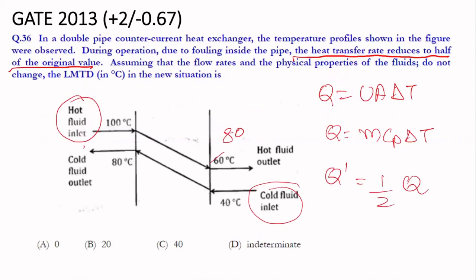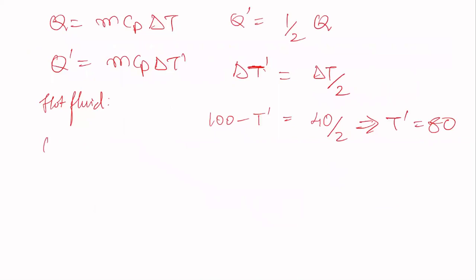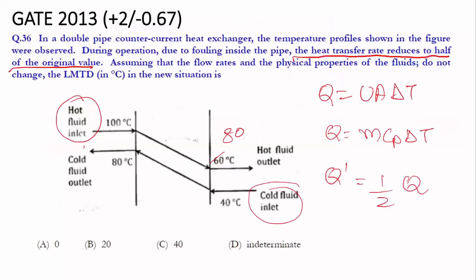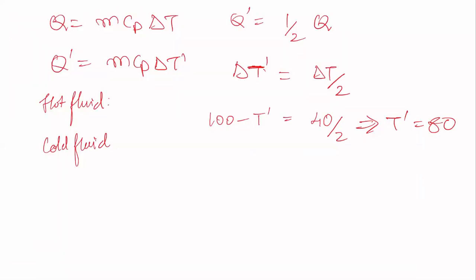Similarly, if you repeat the same exercise for the cold fluid, you will get the other outlet temperature over here to be 60 instead of 80. Now the target is to find out the delta T LMTD value.